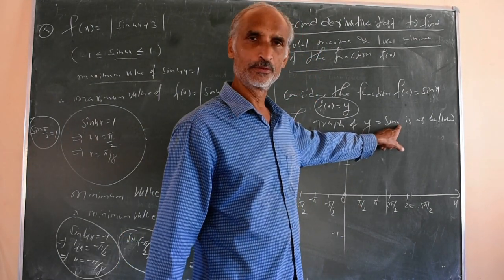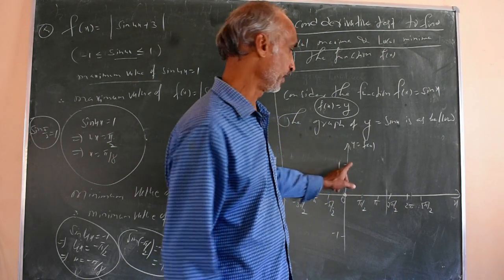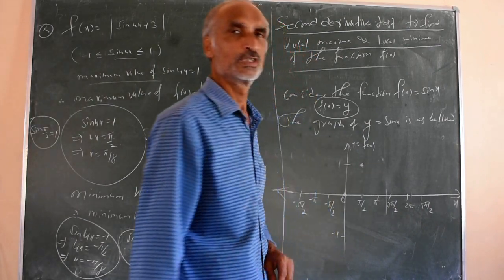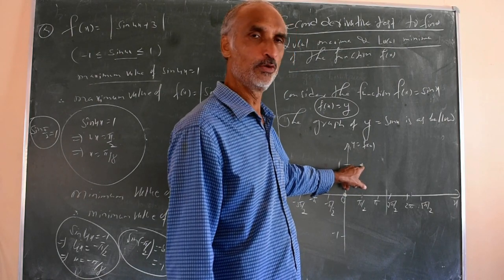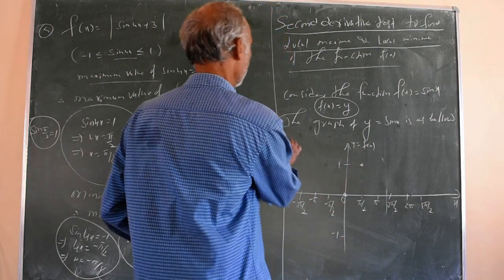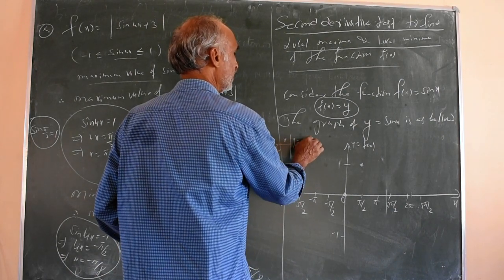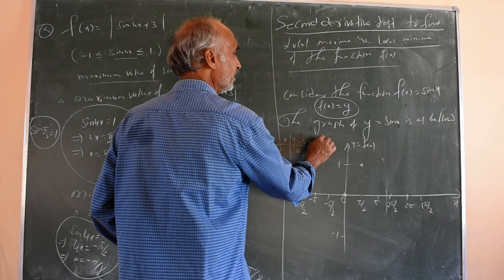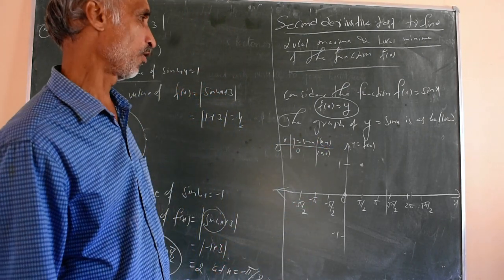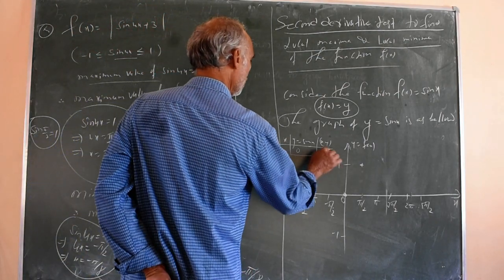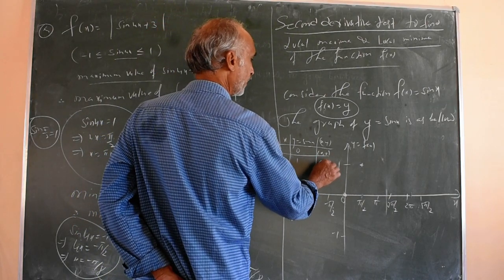When x is pi by 2, sin pi by 2 is 1, so y takes the value 1. Therefore the point is pi by 2 comma 1.